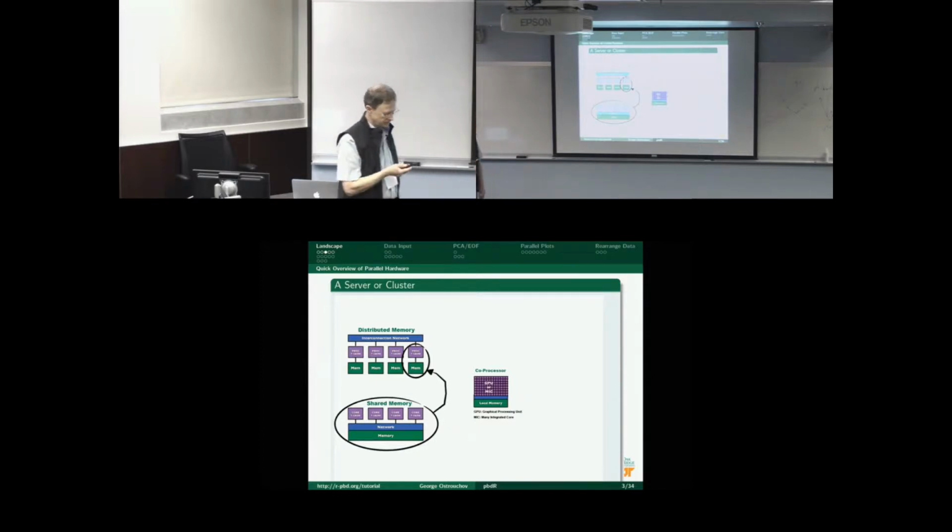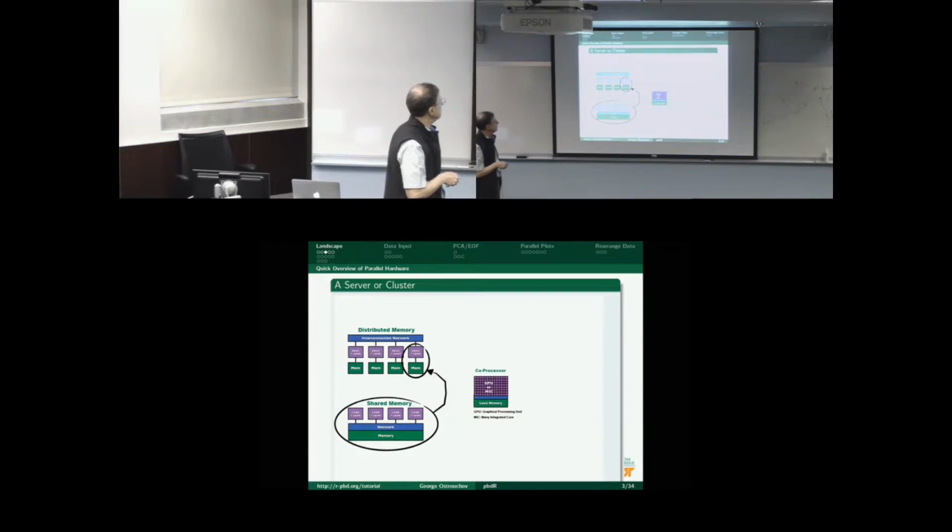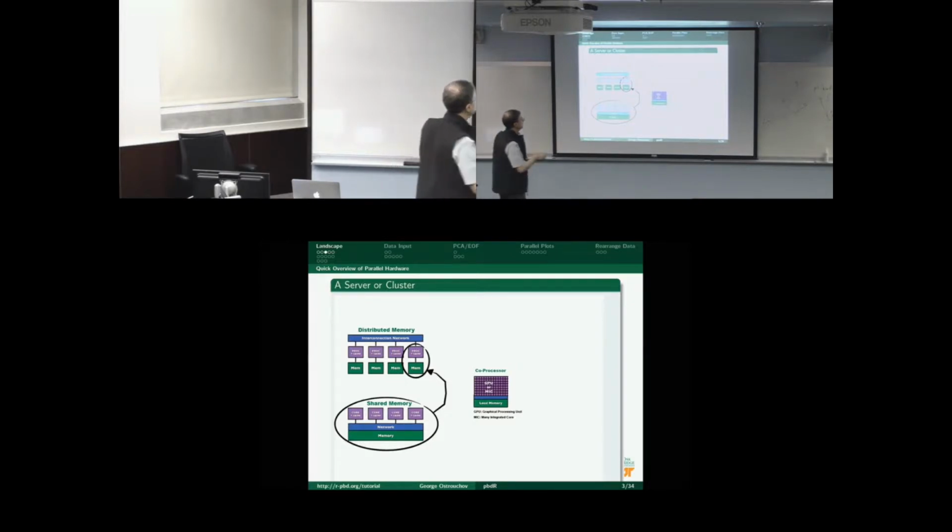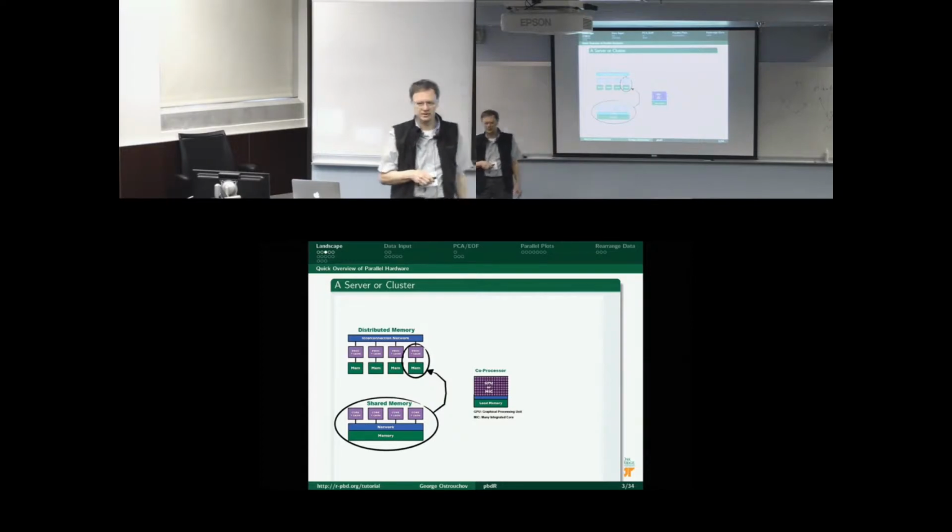If you're looking at a server or a cluster, it'll usually be a few nodes, a few processors put together. Each one has its own memory, and they're connected over some super fast network. And each of the nodes, again, is a multi-core chip, so you have a hierarchy of these things.